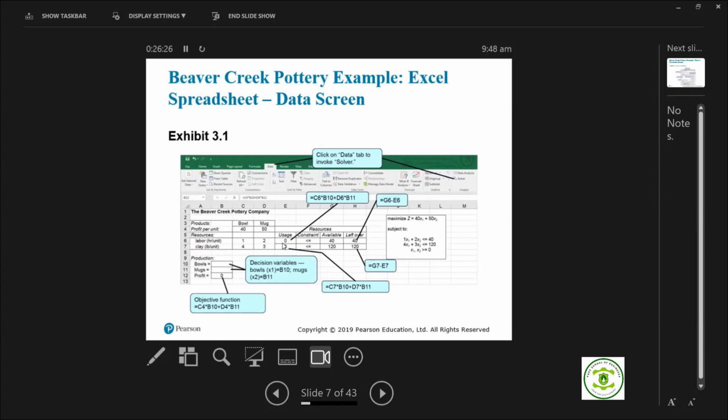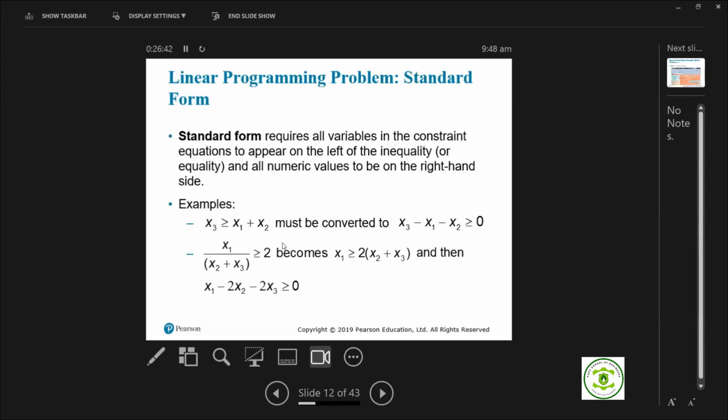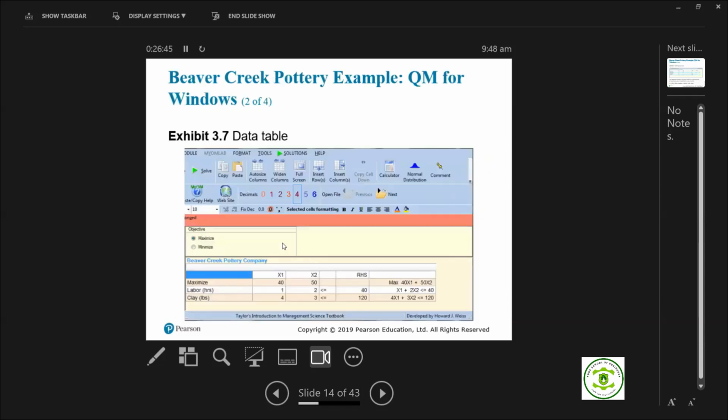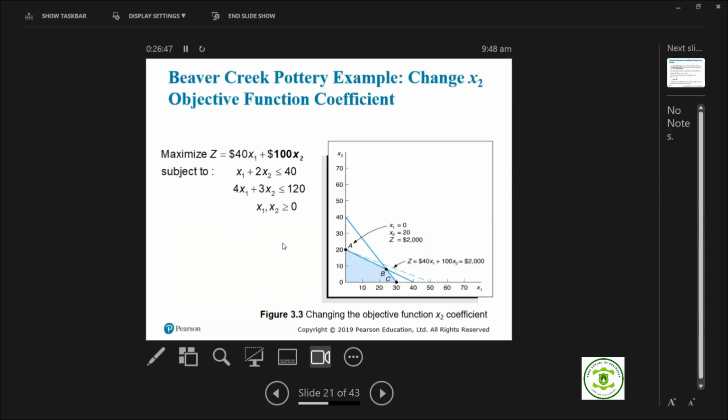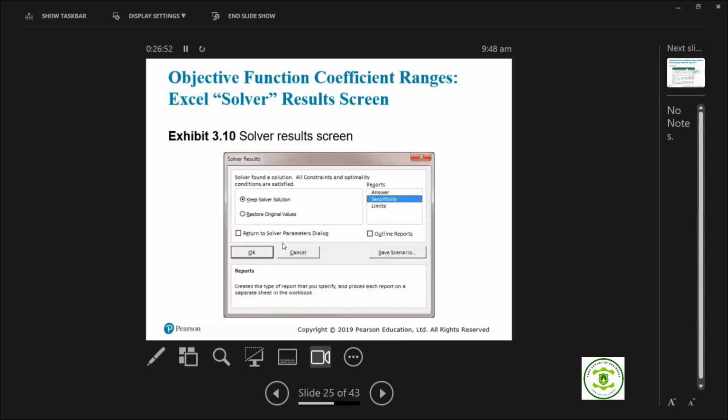I said that once you click on the solver and the window appears, you click on solve. It will take you to a new window where you can generate this report, and I'll show you how to do that. You will see that you have something like this. You have answer, sensitivity, and limits.